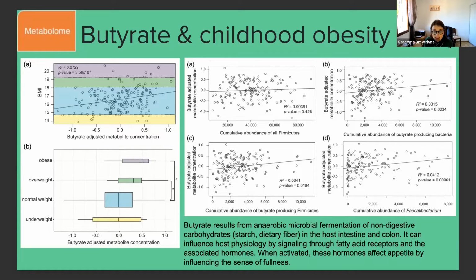And it influences host physiology by signaling through fatty acid receptors and the associated hormones. So when activated, these hormones can affect appetite and can influence the sense of fullness. So this is how we believe butyrate works to affect childhood obesity.